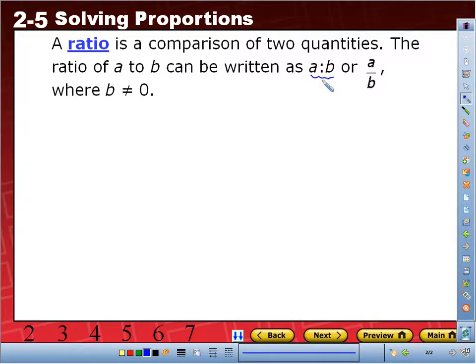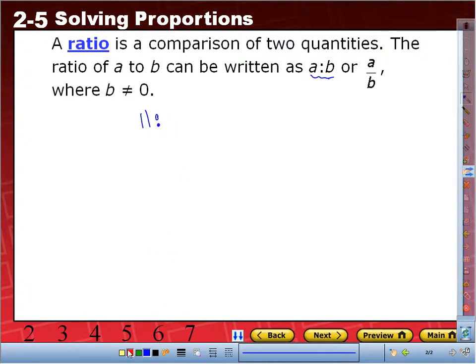So kind of like if I ask, I wonder what the ratio of girls to boys in this class is. What do we need to do? Count how many girls, right? So let's count how many girls. We got 1, 2, 3, 4, 5, 6, 7, 8, 9, 10, 11. So we have 11 girls. And I'm going to make it as a ratio, 11 girls.